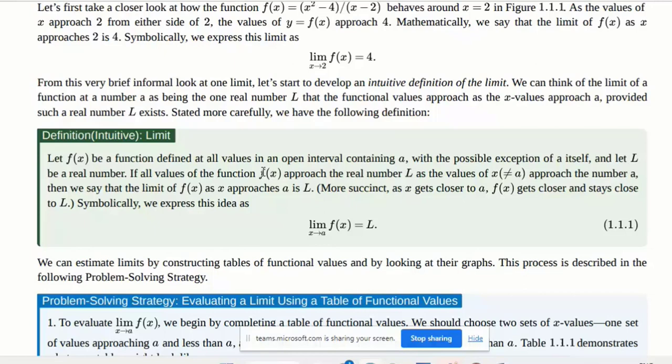If all values of the function f of x approach the real number L as the values of x, which is not equal to a, approach the number a, then we say that the limit of f of x as x approaches a is L. Symbolically, we say the limit of f of x as x approaches a is equal to L. Any question on this definition, straightforward definition?